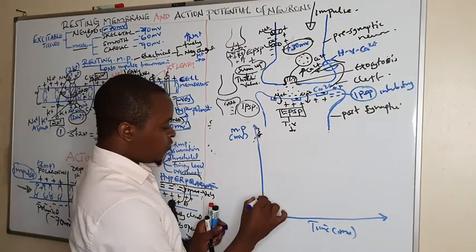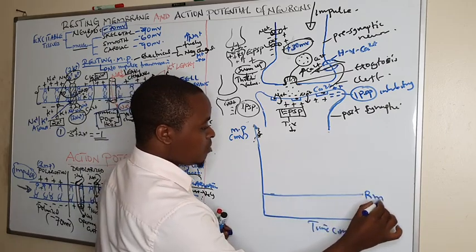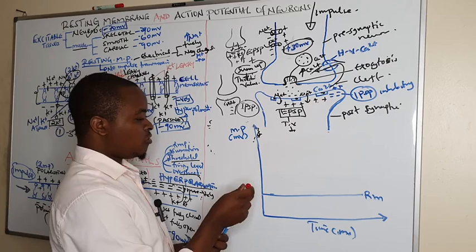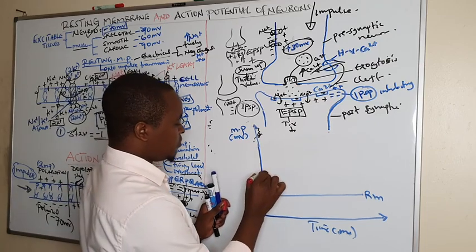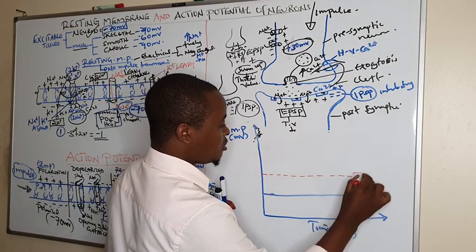We are going to have what we call the resting membrane. Then we are going to have another which we call the threshold value. This is going to be the threshold level.